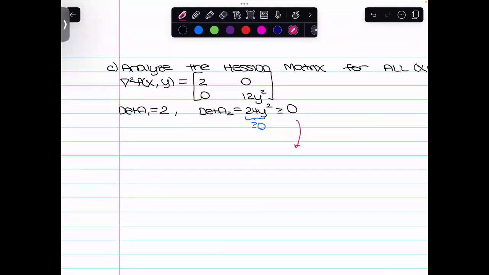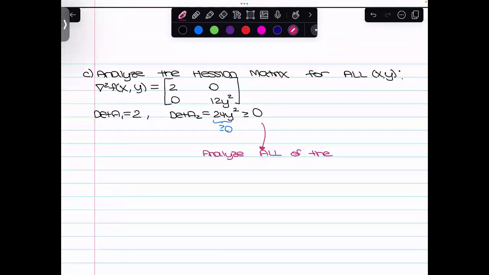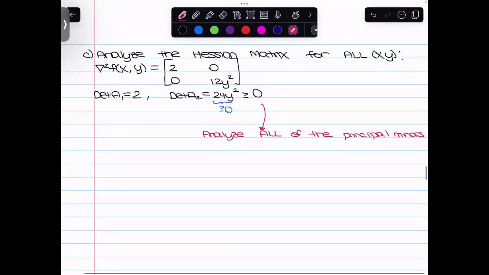But how can we analyze further? Because there are no coefficients in the matrix. Yeah, so we analyze all of the principal minors, not just the leading ones. That means we take all the determinants of order 1 and order 2, where we cross out the same rows and columns. So this number we got by crossing out the last row and column. If we crossed out the first row and first column, we would get 12y squared, which once again we know is greater or equal to 0.